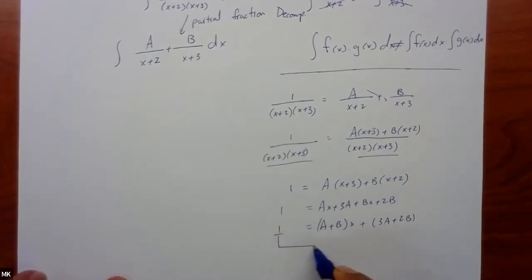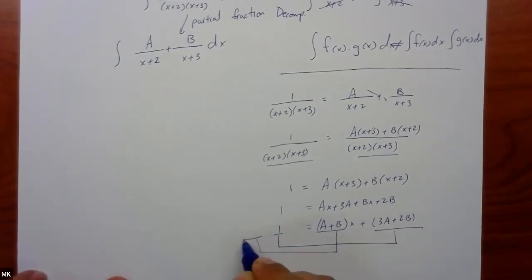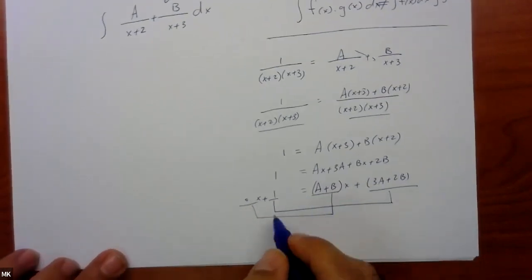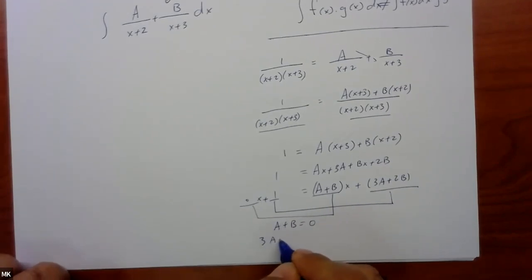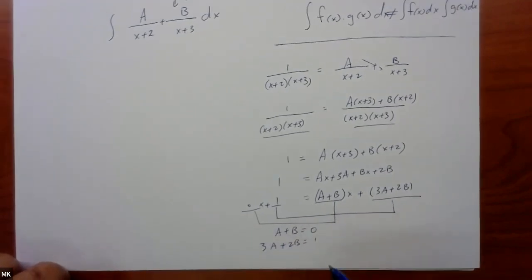Tell yourself, well, the number has to match on both sides, and the coefficient of x, which in this case is 0x, should match. So A plus B would have to be 0, and 3A plus 2B would have to be 1.